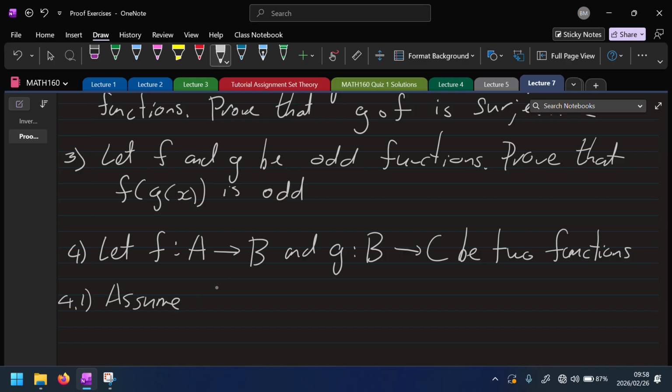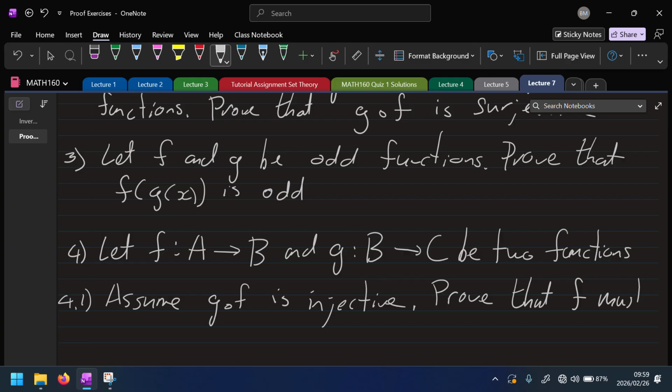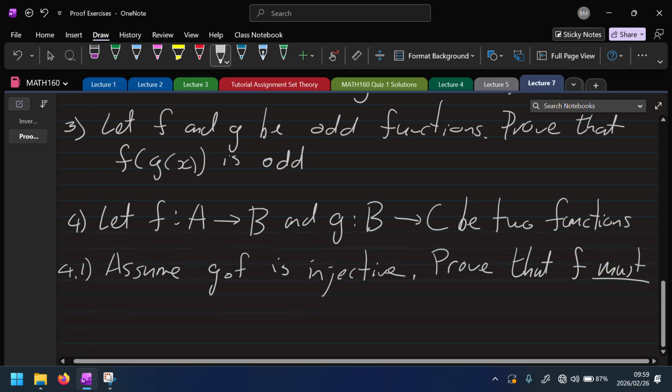Assume g of f is injective. Okay, so it's a little bit different to what we did before. So before we were given the individual parts were injective. We had to show that the composition was injective. Now we know the composition is injective. What we want to show is that f must be injective for it to work. It's a little bit more thinking, but it's not too bad. Prove that f must be injective.